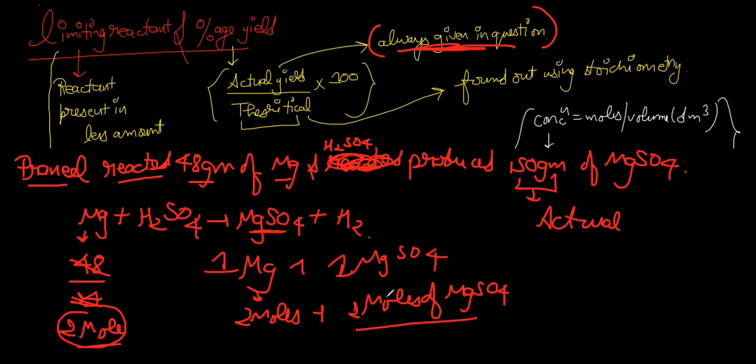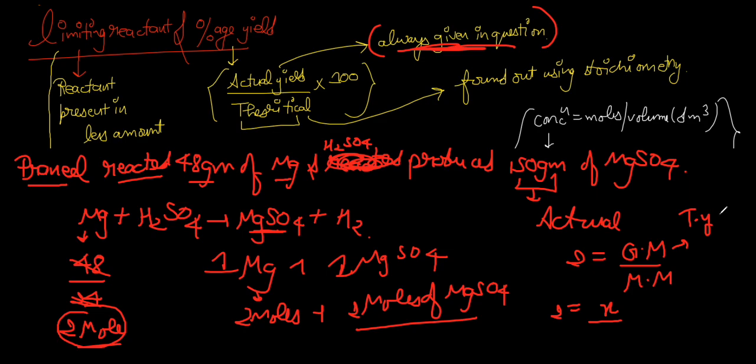Now that you know the moles of MgSO4, you can directly apply the formula for mass. That 2 moles is equal to given mass by molecular mass. So 2 is equal to given mass that we are trying to find out. This given mass will be the theoretical yield. But I'm repeating again, actual yield is given in the question.